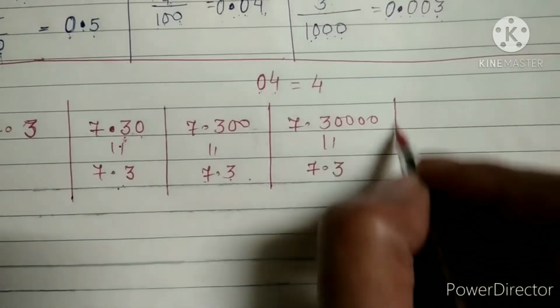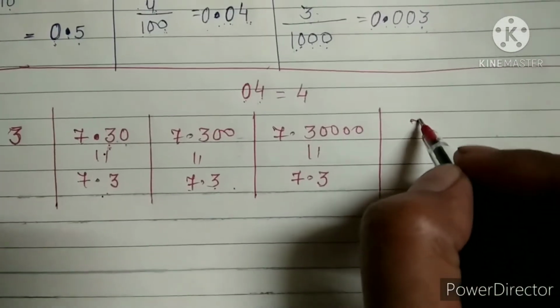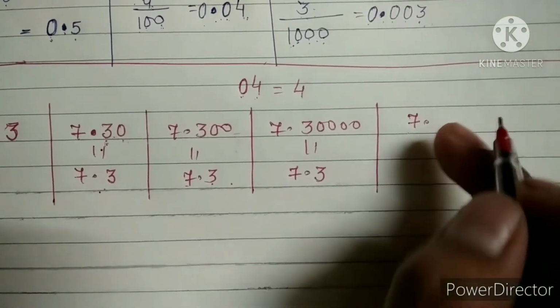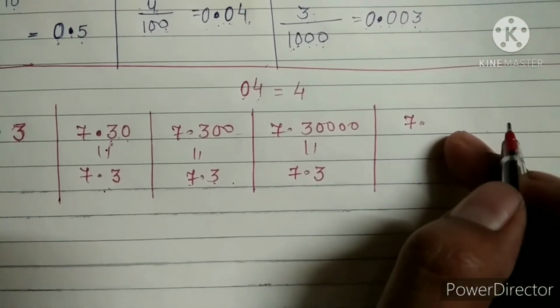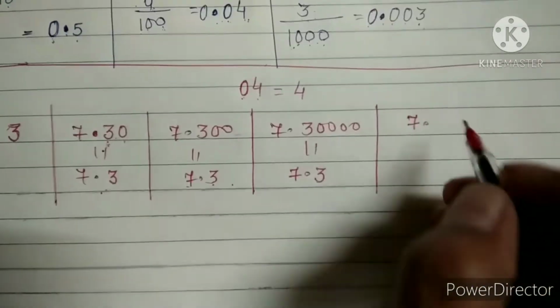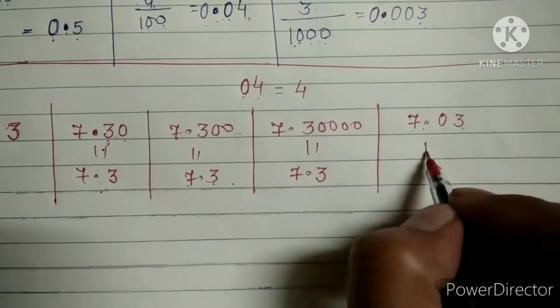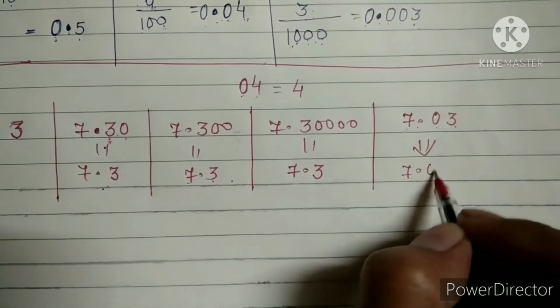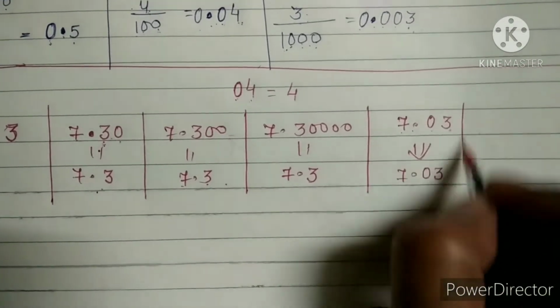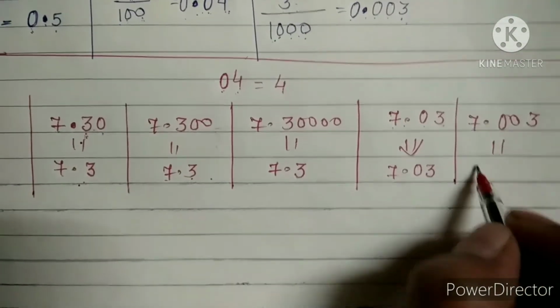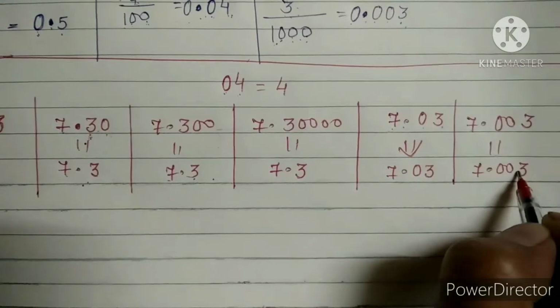But when we are putting 0 in between the values, it means if I put 7.03, it will be 7.03, and if I put 7.003, it will be 7.003.